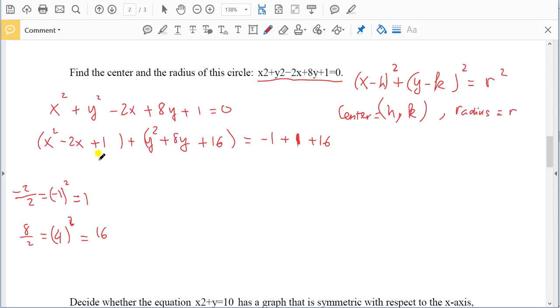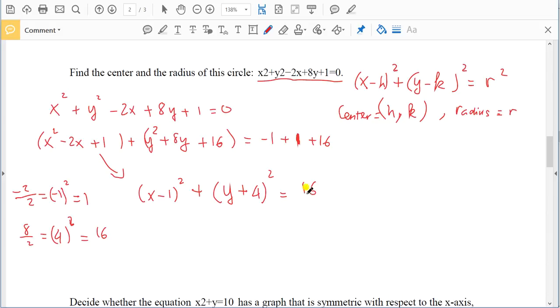Now this one becomes a perfect square binomial, so that is (x minus 1) squared, and this one is a perfect square for y plus 4 squared. And 1 and minus 1 is gone, equal to 16.